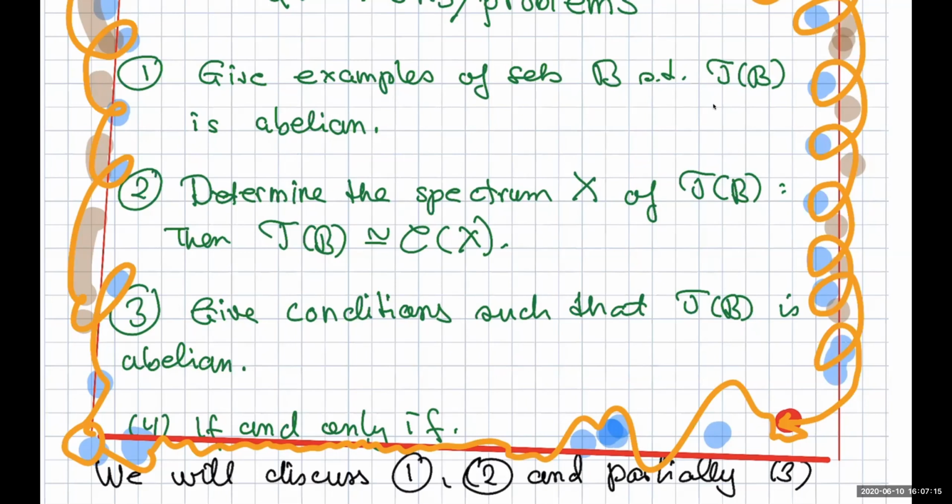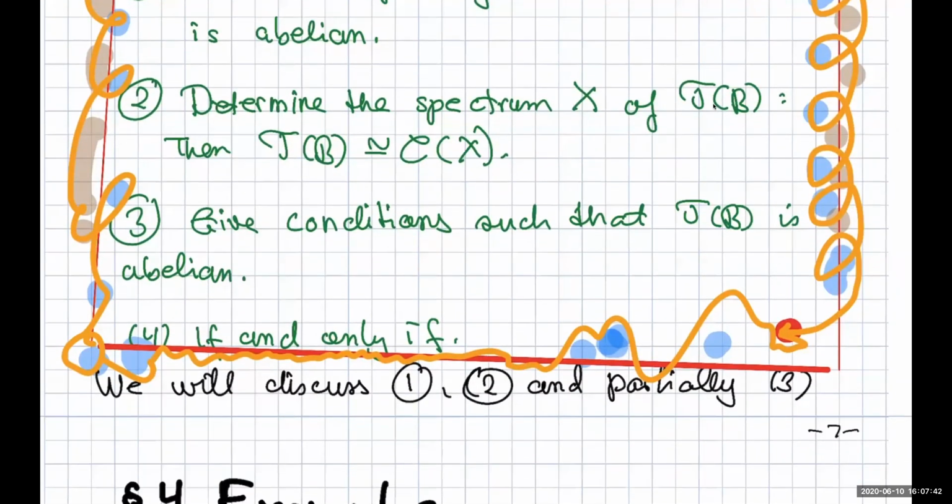What kind of condition do you have to put on this class B to guarantee that you have an abelian C-star algebra? And there are also questions such as, what kind of condition do we have to put on the algebra of Toeplitz operators to get that it is generated by some class of functions?